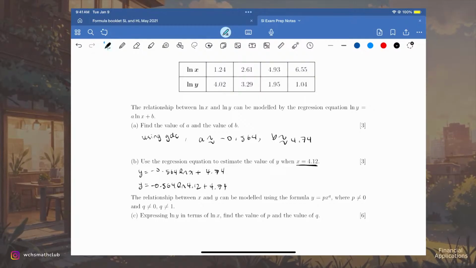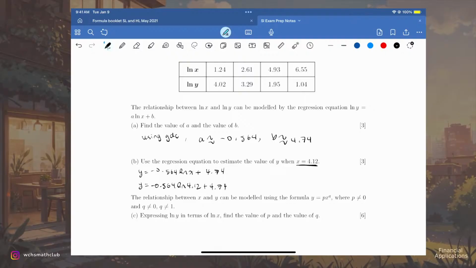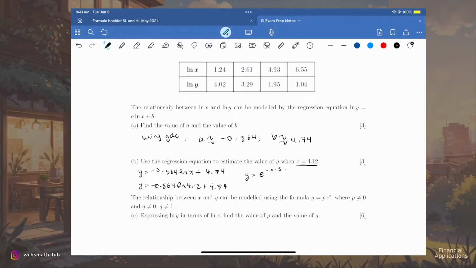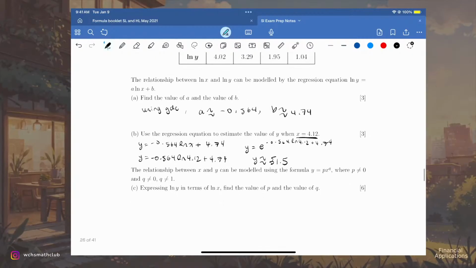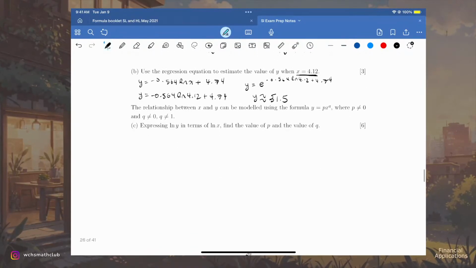Now if you apply e to either side, you get y is equal to e to the power of negative 0.564 ln 4.12 plus 4.74. So y will just be roughly 51.5 if you plug that in properly.